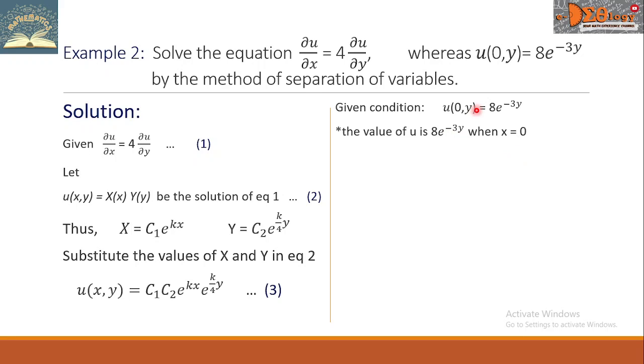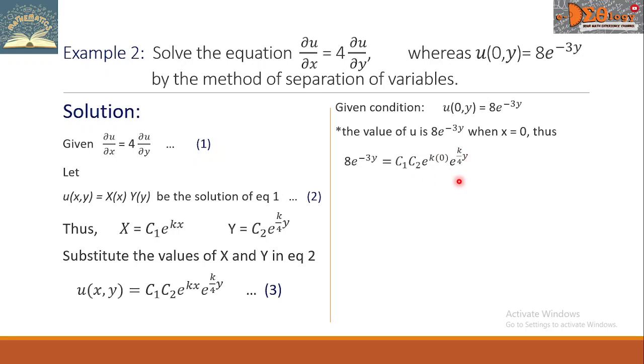Let us substitute the corresponding values to equation number 3. So it becomes like this: 8 times e raised to negative 3y on the left side, and that is equal to c sub 1 times c sub 2 times e raised to k times 0 times e raised to k over 4 times y.